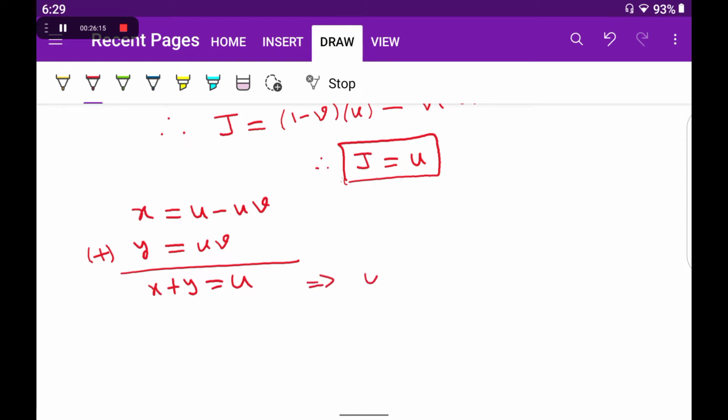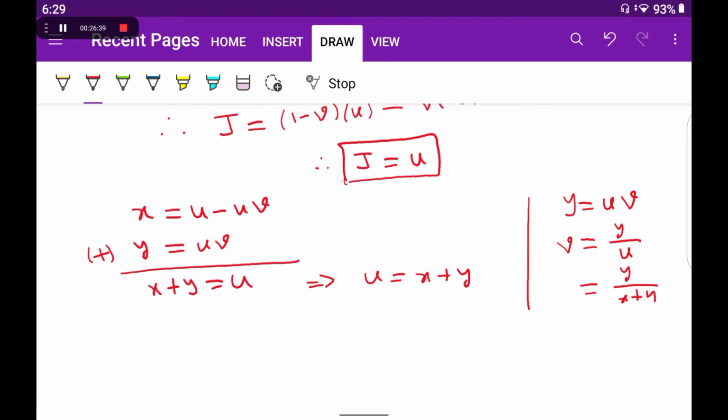So from this, you got u as a function of x and y, right? And we are directly given y equal to uv. We want to find v, right? So v is y by u, and we already got u, which is x plus y. So therefore, v is y/(x + y).